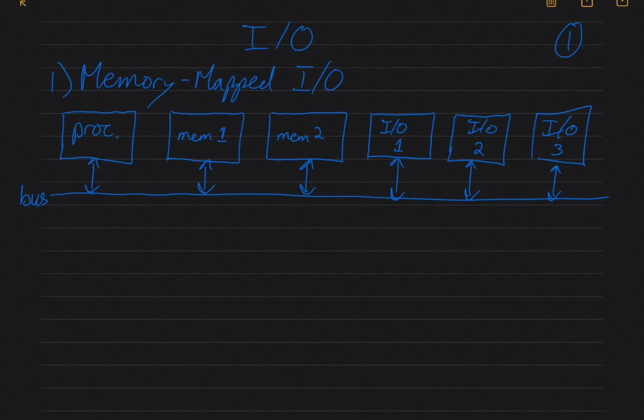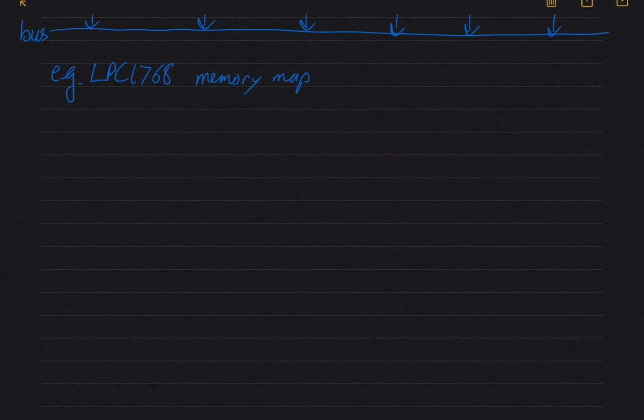So let's look at the LPC 1768. That is our MCU, microcontroller unit. So this is the LPC 1768 memory map. Let's just write some address ranges. So from address, these are all going to be 8 hex-digit addresses.